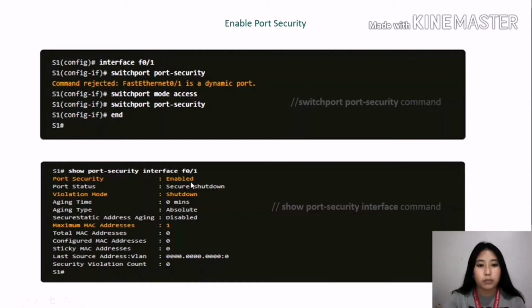The violation mode is shutdown, and the maximum number of MAC addresses is 1. If a device is connected to the port, the switch will automatically add the device's MAC address as a secure MAC. So in this example, no device is connected to the port.